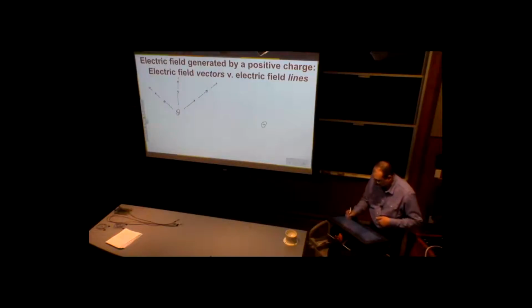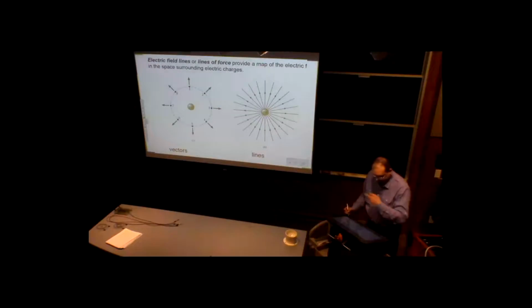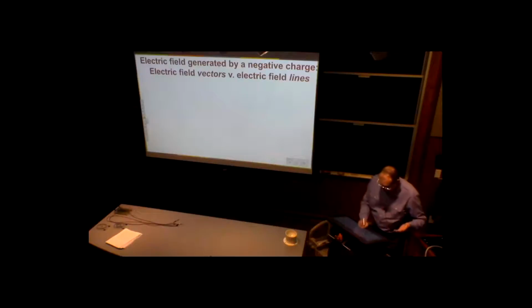We draw electric field lines. One single line represents all possible arrows at all points on that line. And of course, the rule for the lines is the same as for vectors. The lines begin on positive charge and move away from it directly. And of course, we can apply the same reasoning for a negative charge.